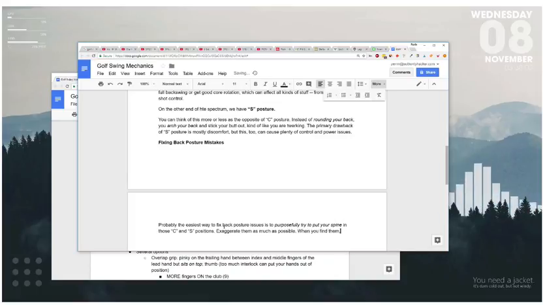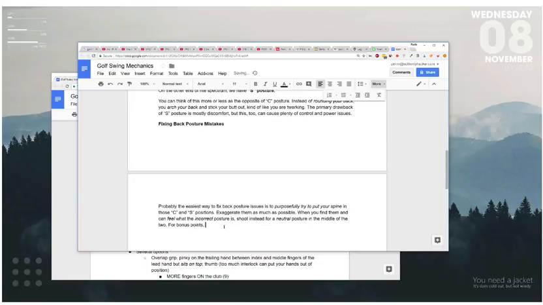When you find them and can feel what the incorrect posture is, it's not the best wording, but we're going for speed here. What the incorrect posture is, shoot instead for a neutral posture in the middle of the two.